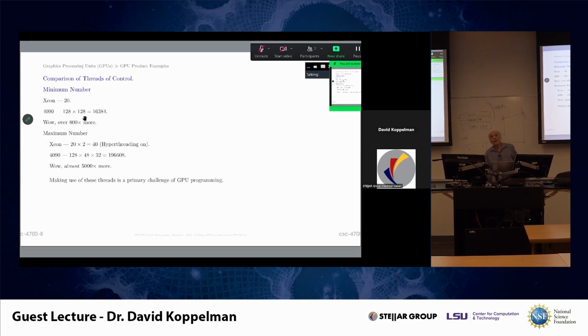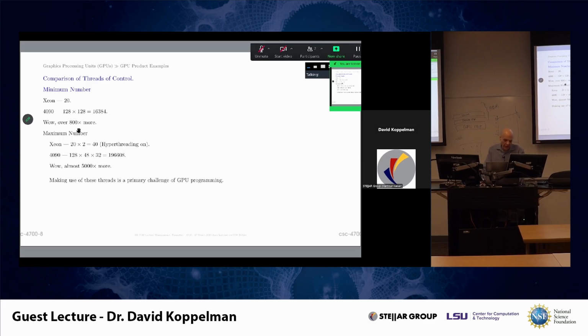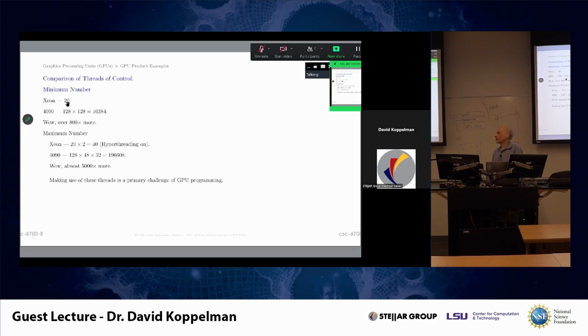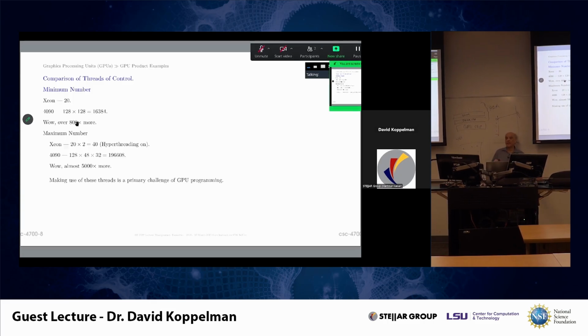So if your algorithm doesn't scale well, where you increase the number of threads and the efficiency goes down, the GPU is definitely not for you. Here, 800 times more threads. And this is the minimum in the sense that if you have fewer than this number of threads, you are going to be leaving some of the hardware idle.